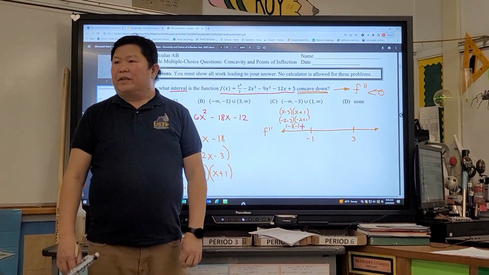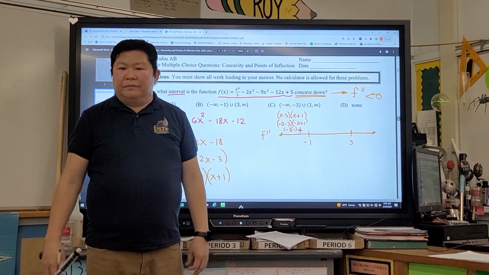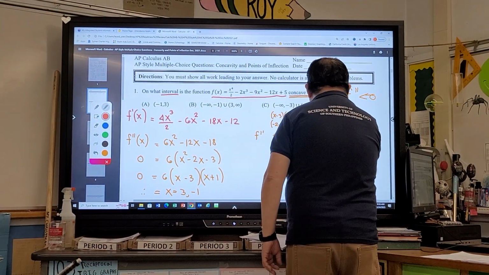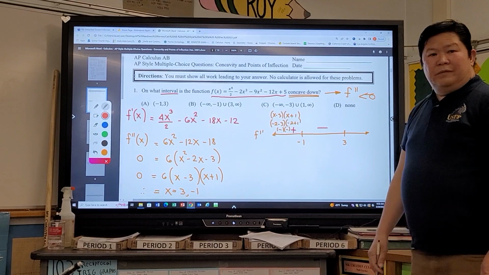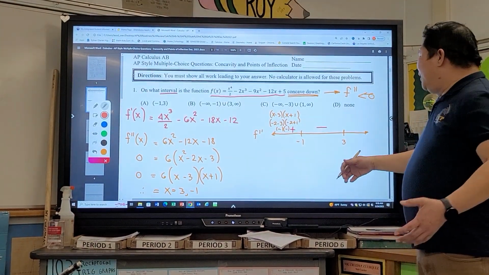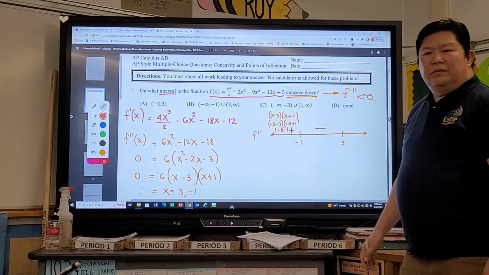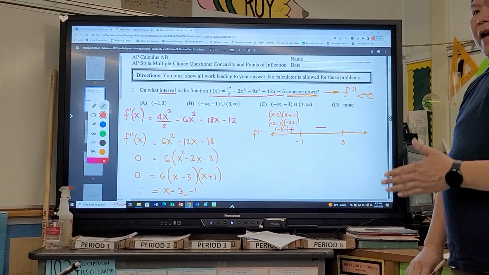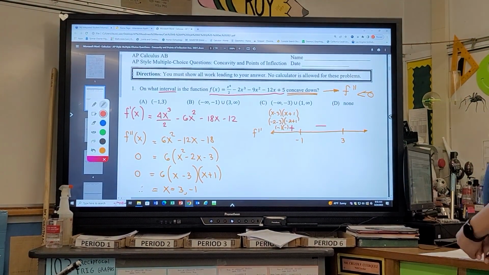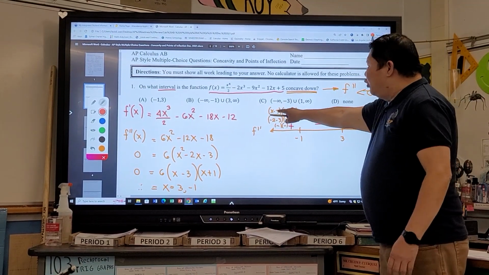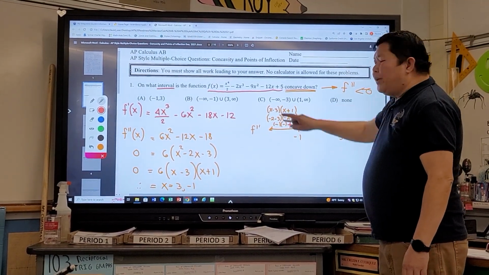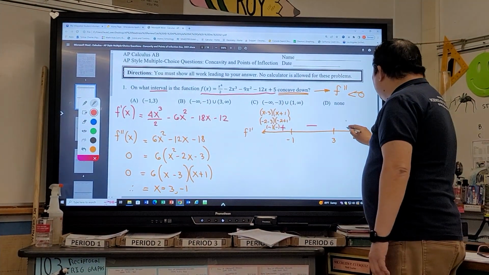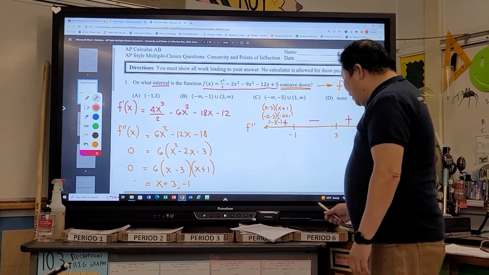Negative times positive, what is that? Negative. So in here we have negative. How about greater than 3? Just take 4. If x is 4, positive right here and positive, so positive times positive is also positive.